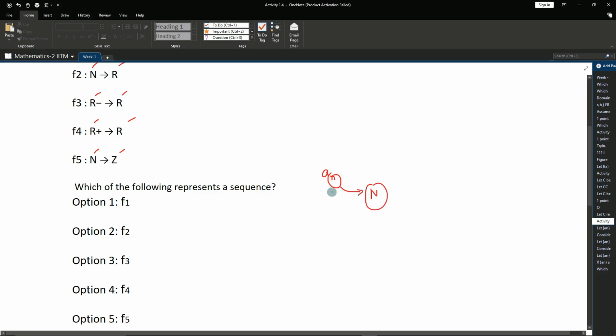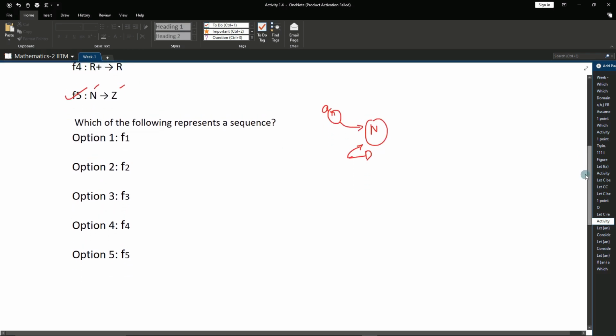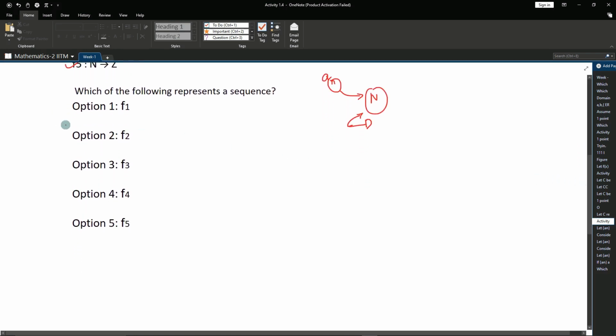So the domain of the function must be the natural numbers. In the given options, only f2 as well as f5 take natural numbers as a domain, and they map to R or Z. We are not bothered about the codomain. So the correct options are option 2 as well as option 5.